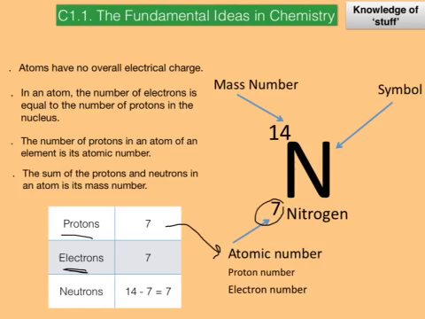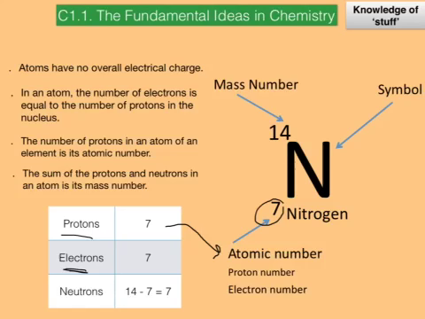So just to recap, to find out your number of protons, you look at the smallest number, which is the atomic number. To find out the number of electrons, you do the same. You look at the smallest number, which is the atomic number.